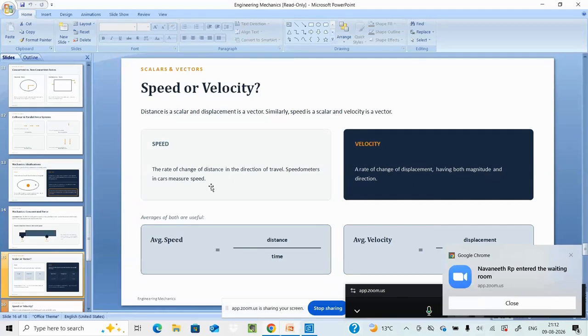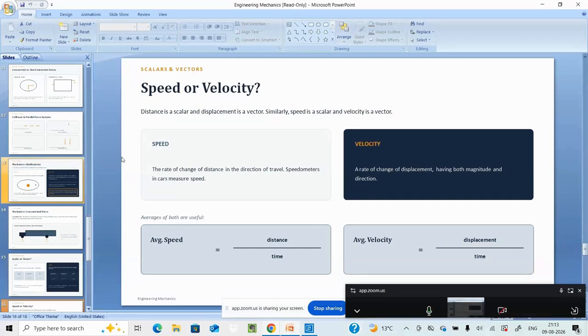If we consider the distance alone, we call it speed. And if we consider the distance as well as the direction, we call it velocity. So the speed formula is distance by time, and the velocity formula is displacement by time. There's a difference between distance and displacement.